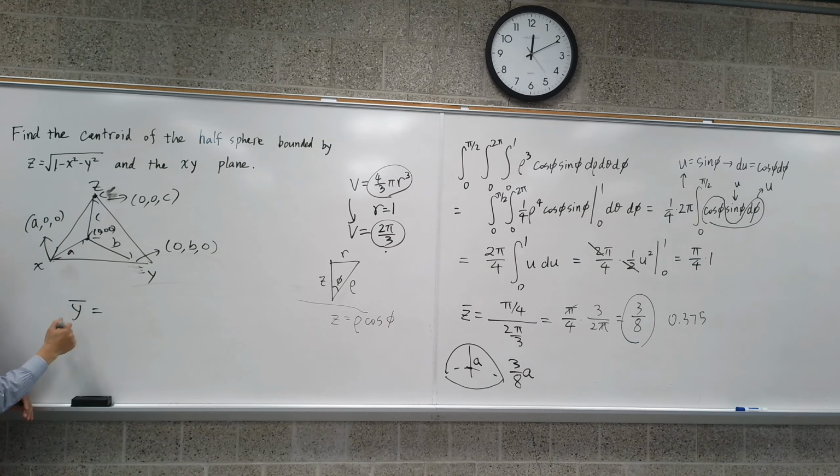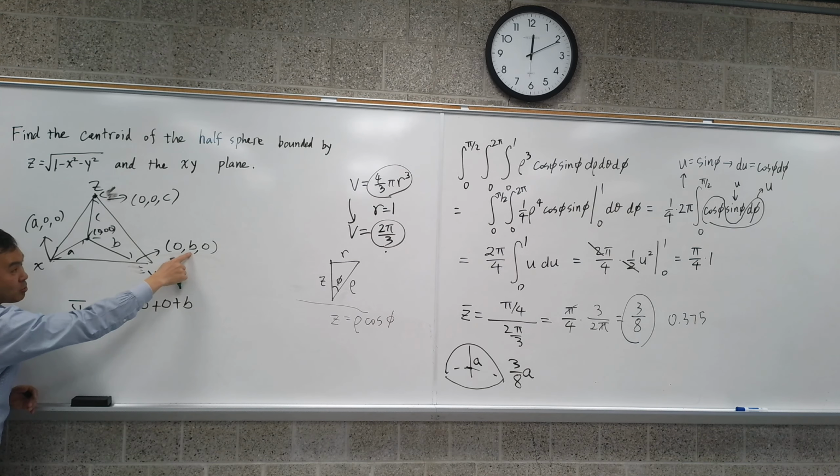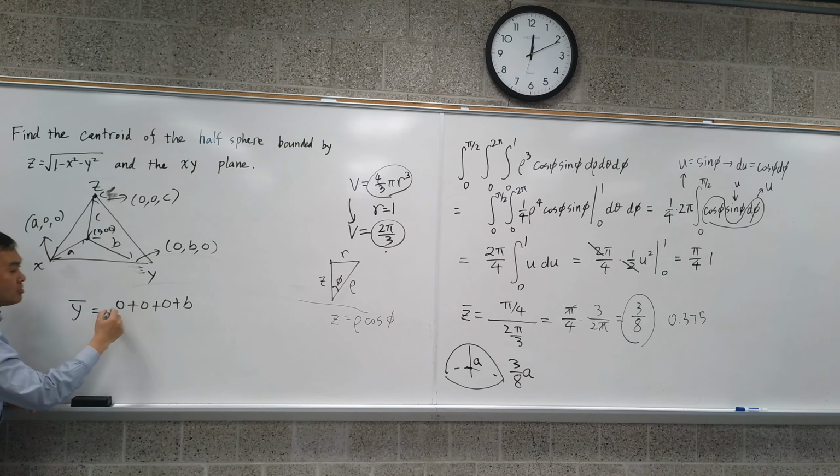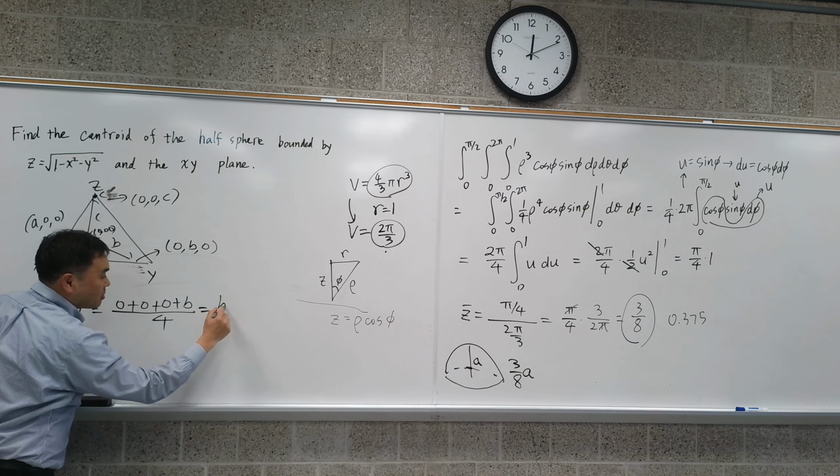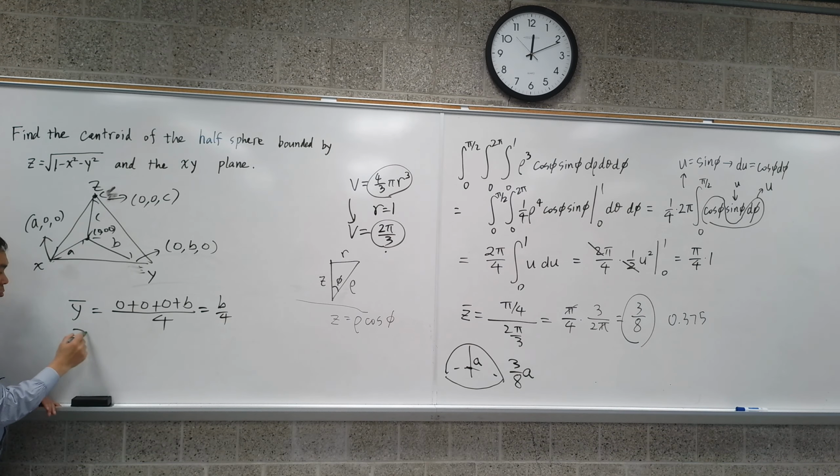So the average of the y value is just simply add up all the y values, which is 0 plus 0 plus 0 plus B. This is the only non-zero y value, right? And you divide it by 4. So you're really taking the average, and because it connects all these points and fills in all the midpoints, this is what you get out of the centroid. So y bar will be B over 4, and then x bar will be A over 4, and then z bar will be C over 4 because of exactly this.